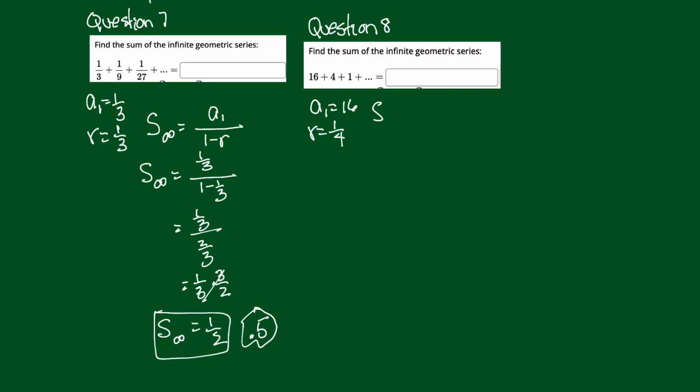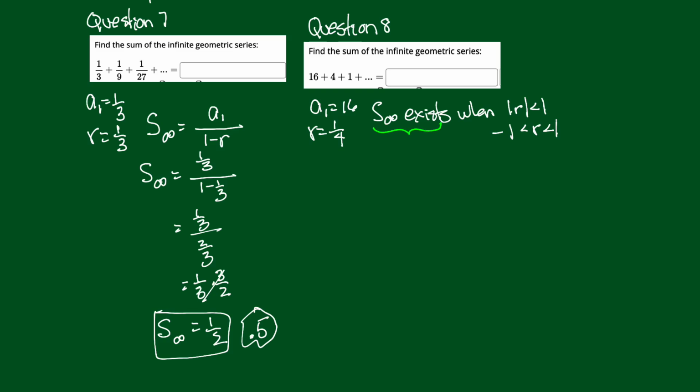Now, S sub infinity exists when the absolute value of r is less than 1. That means this, -1 less than r less than 1. So look at our r. We have a fourth. Now a fourth is between -1 and 1. So we're okay here. So this will exist.